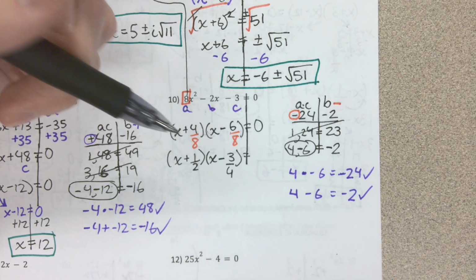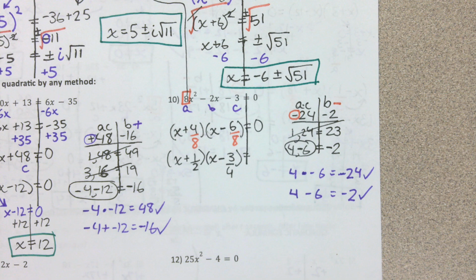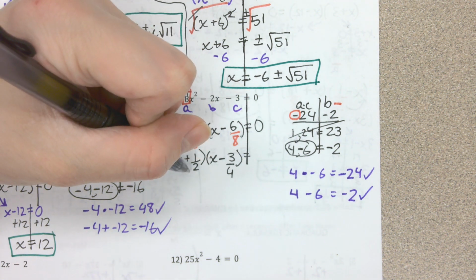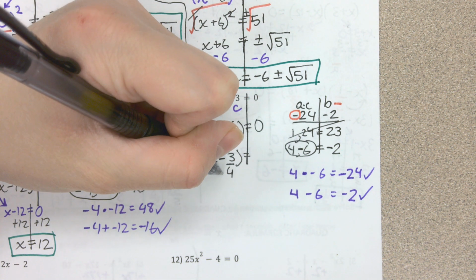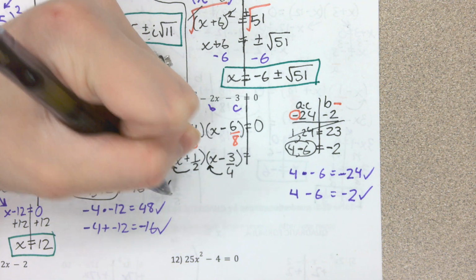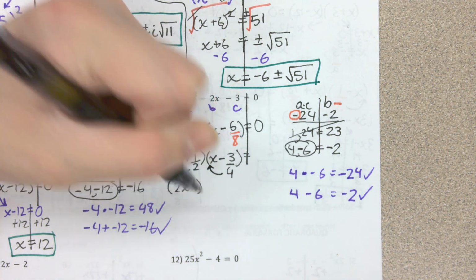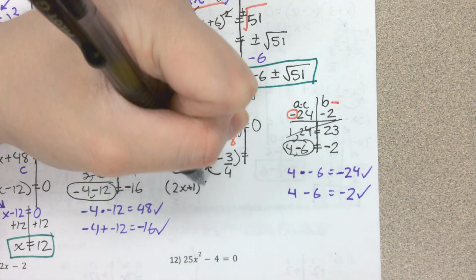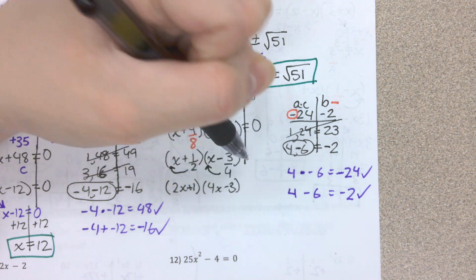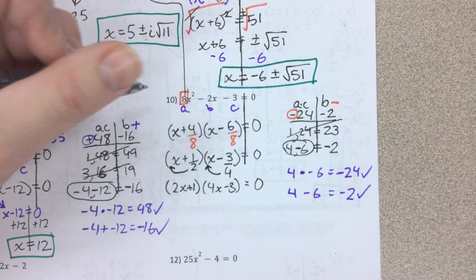Now that we've reduced these, we will go ahead and do the slide part. So we'll push the 2 in front of the x and the 4 in front of the x. So we get 2x plus 1 and 4x minus 3 equal to 0.